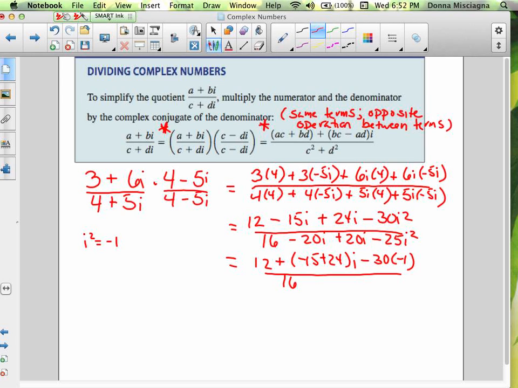Notice the negative 20i and the positive 20i cancel each other out. That will always happen when you multiply by a conjugate. Your middle terms drop out, and you only end up with the first term squared and the last term squared. And then we have negative 25 times negative 1.